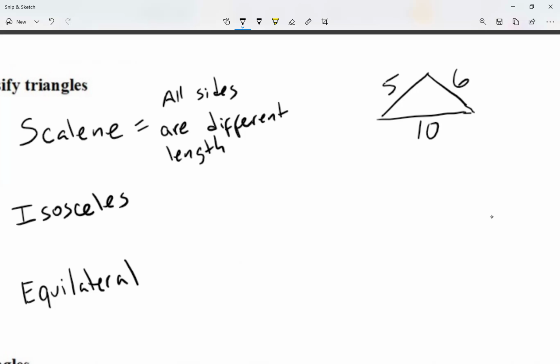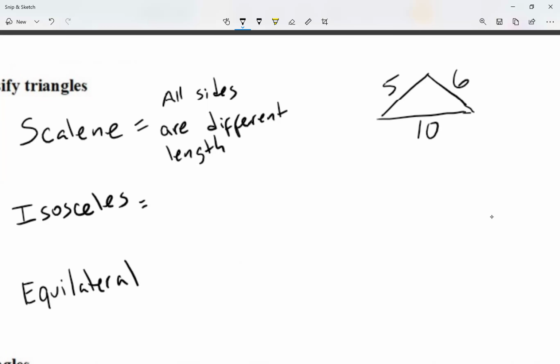Now, what's an isosceles triangle? Kind of sounds like I something. Well, interesting is that the sides of a triangle are called legs. When it's a right triangle, the biggest one's called the hypotenuse, but the other two are called legs. Interesting. I have two legs, right? Most people have two legs, and let's just say they're about the same length.